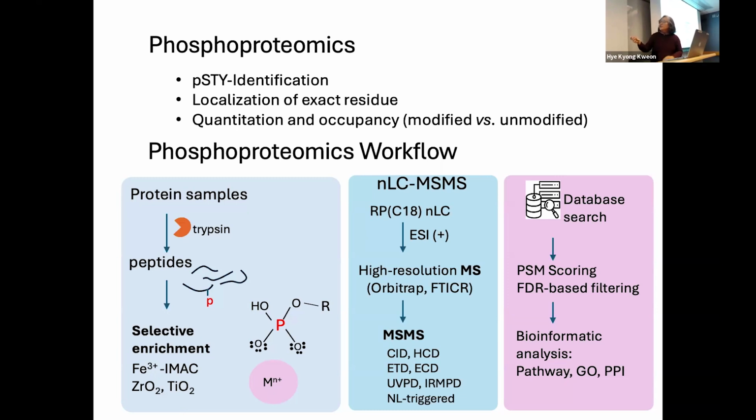Search algorithms like MaxQuant or Mascot provide scores for how well the spectra match the sequence. The results are filtered by FDR, and the information is then processed to pull out the biological information using bioinformatics analysis.